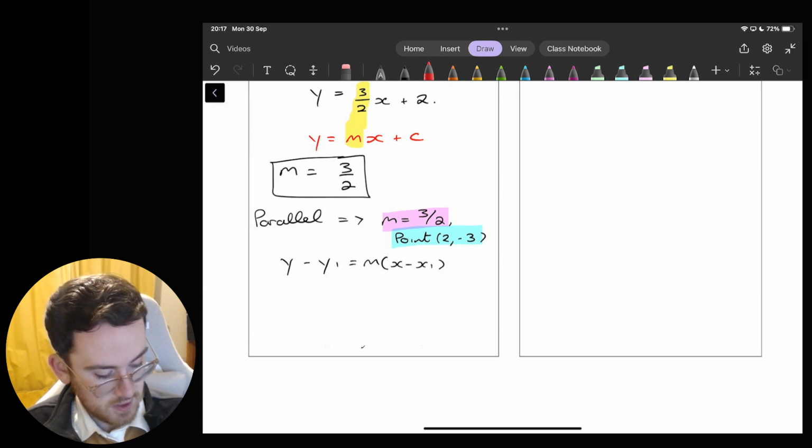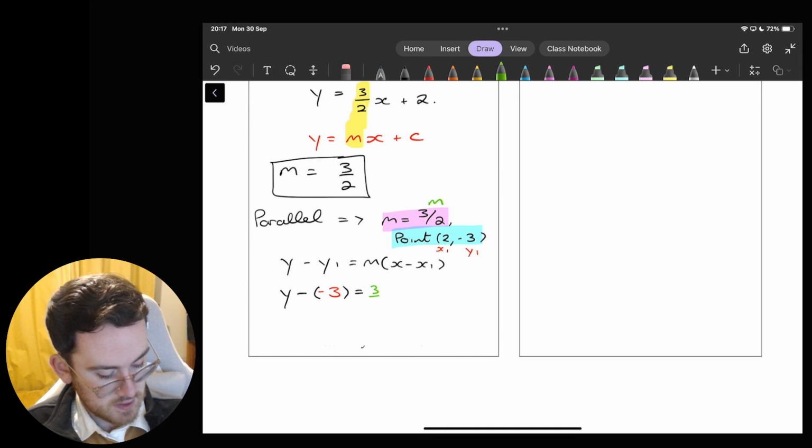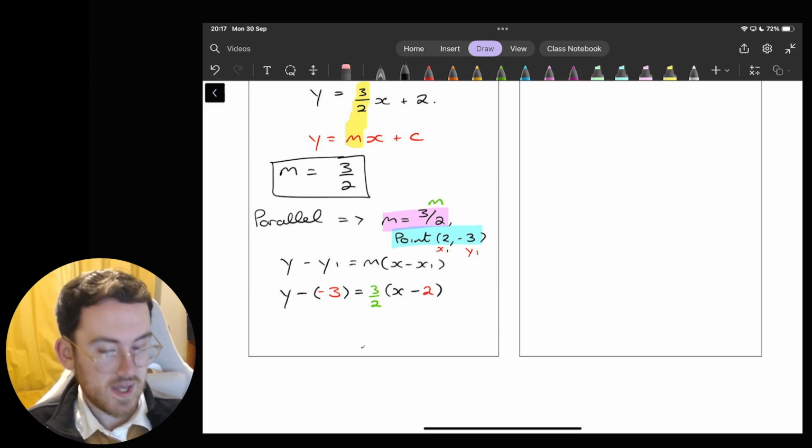I can quickly identify the different values that I have here: x1, y1, and slope m. So y minus y1, where y1 is -3 here. We'll use our brackets just to adjust for that sign. Then x minus x1. Okay, we have a fraction here.